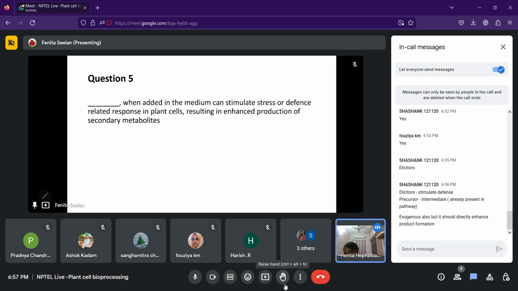Okay. Do you guys remember natural intermediates and obligate intermediates? What are those? Natural intermediates and obligate intermediates.